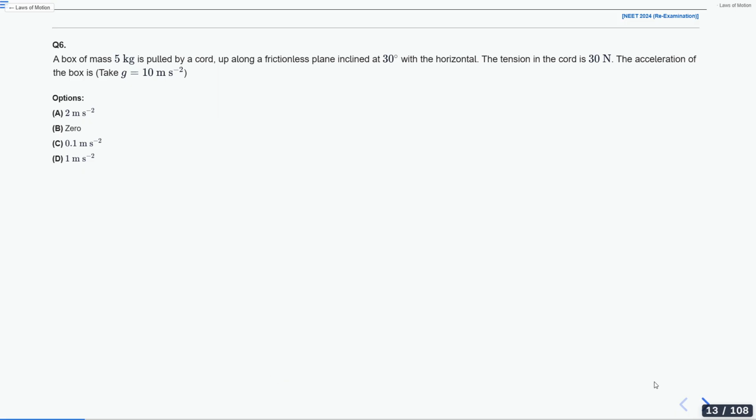Do it fast. Please increase the volume. Just wait a minute. Please solve this in 1 minute.